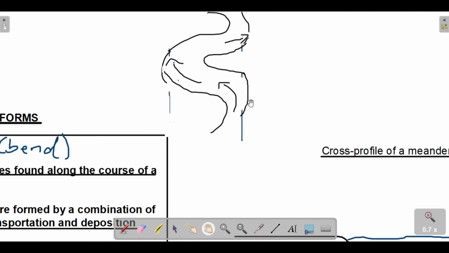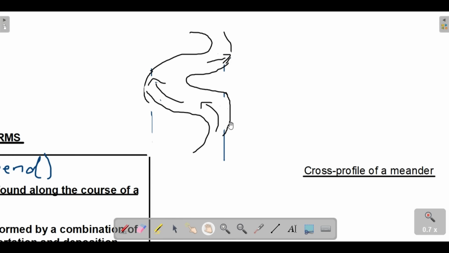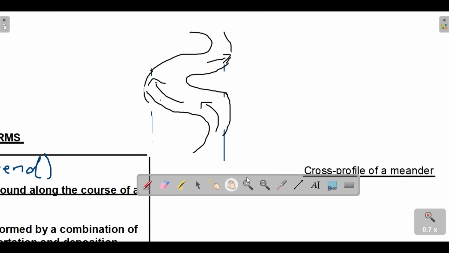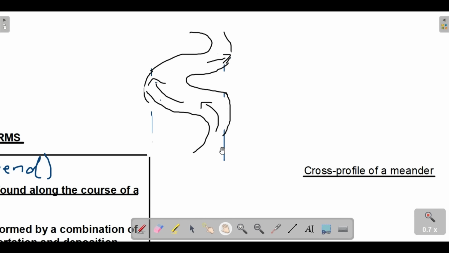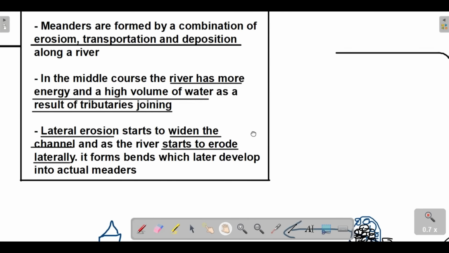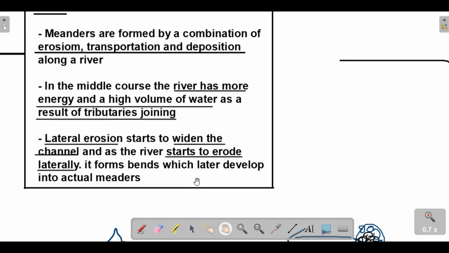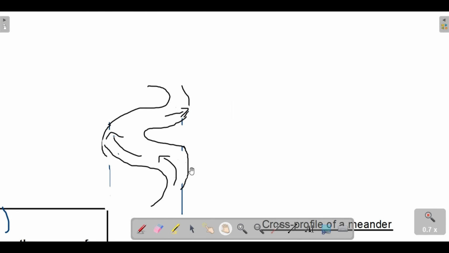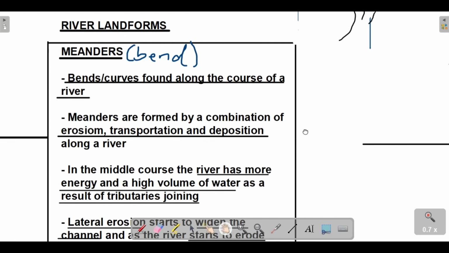By eroding laterally, it is removing materials from these sides, and hence developing these meanders or bends. Because now you're removing material from the sides, the sides will start to look like bends, which later on develop into actual meanders. So that's how you explain the formation of meanders.